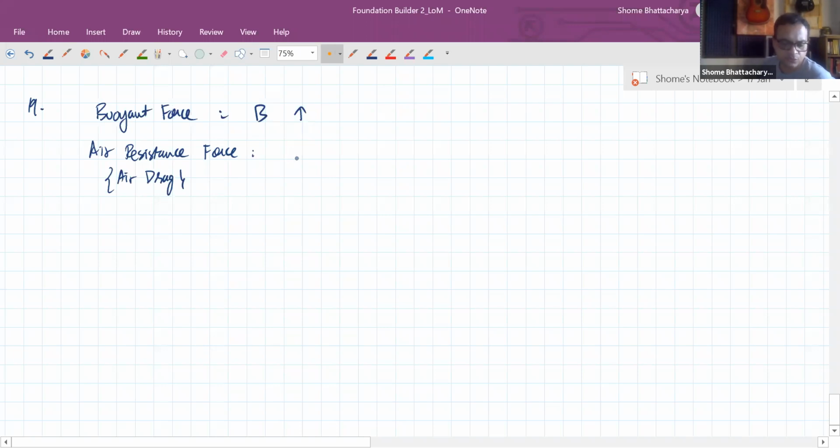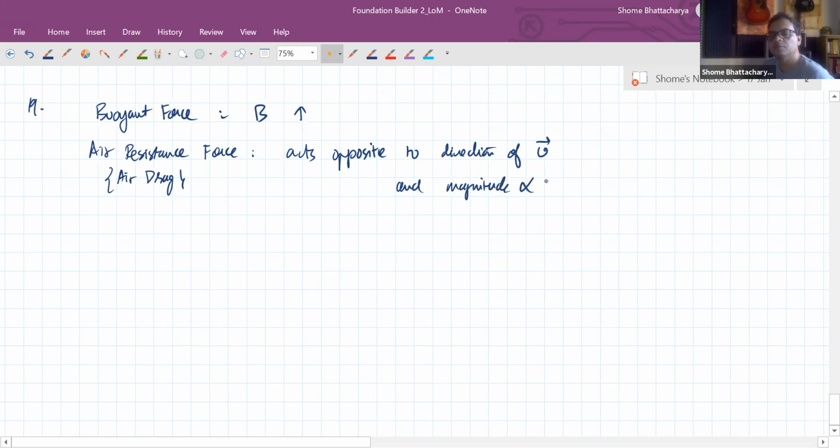The air resistance force is given to us such that it acts opposite to the direction of velocity, and the magnitude of the force is proportional to the magnitude of the velocity. Okay, so it's like this. This is the air resistance force, whereas this is the information about buoyant force.